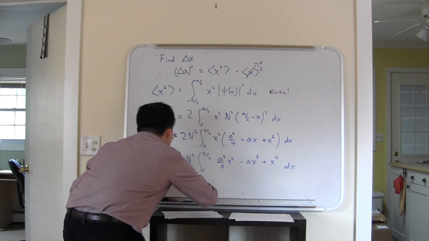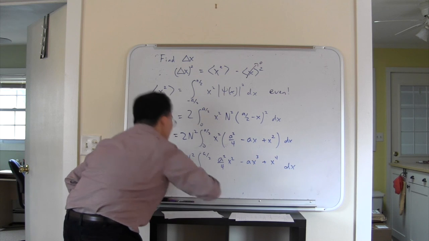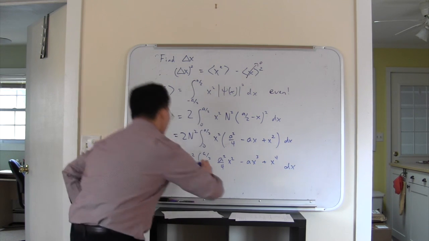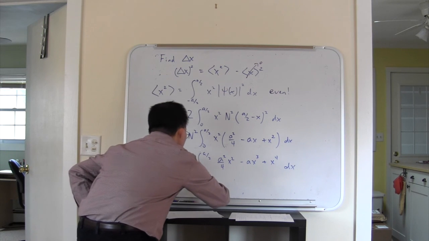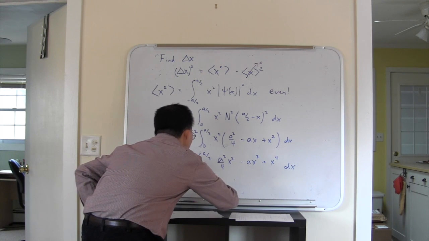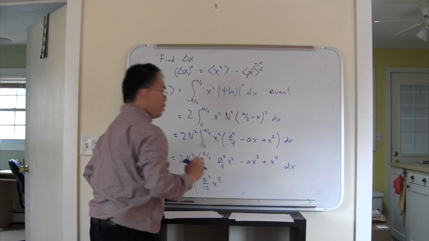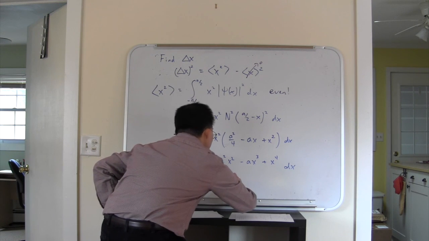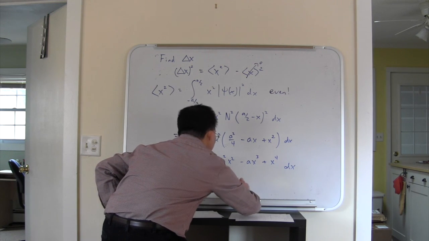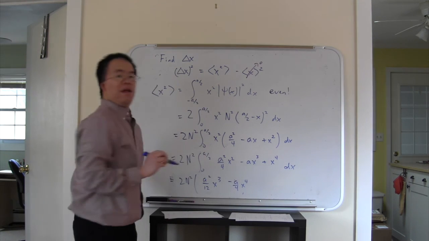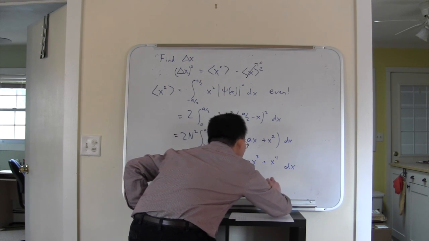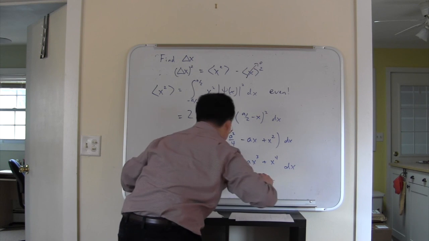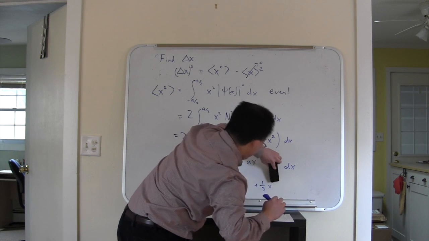Equal 2n squared. So we get a squared, I bring down a 3, 4 times 3 is 12 x cubed minus a over 4 x to the 4th plus 1/5 x to the 5th power.